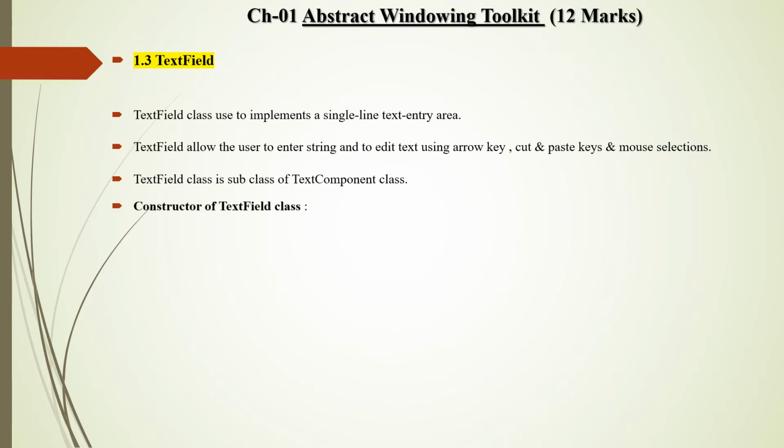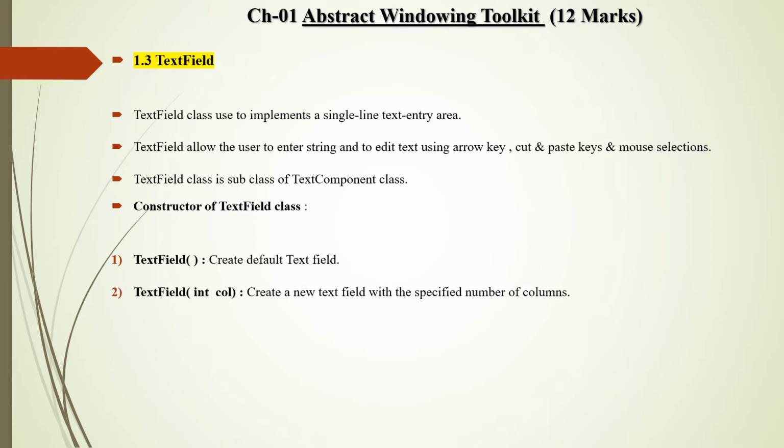Then we see some constructors, how we can create the text field. First constructor is the default constructor which does not have any parameter and which creates a default text field. Second constructor, TextField, has one parameter, integer columns. This creates a new text field with the specified number of columns.